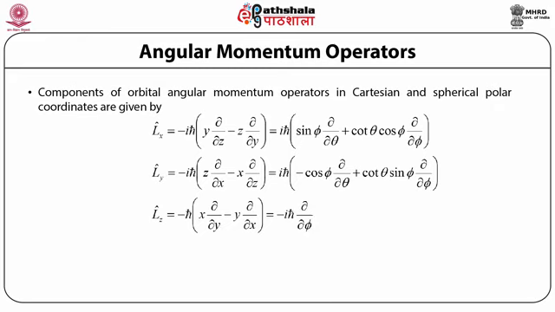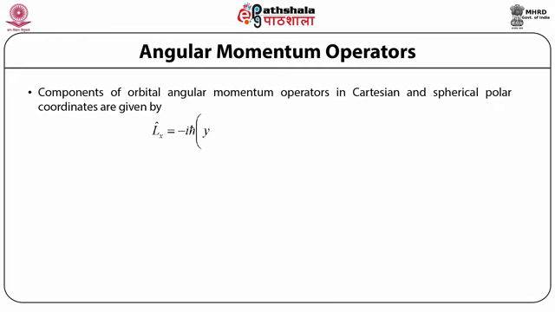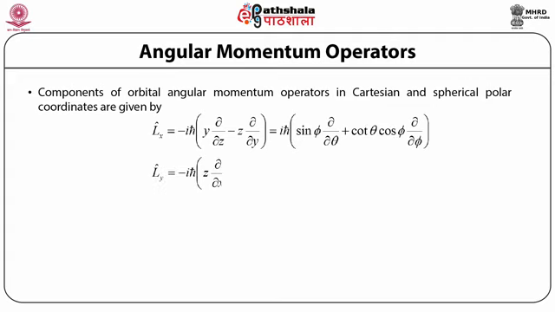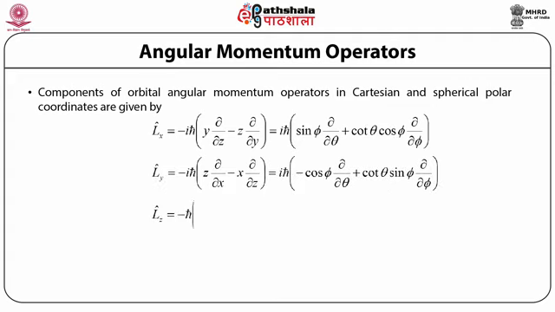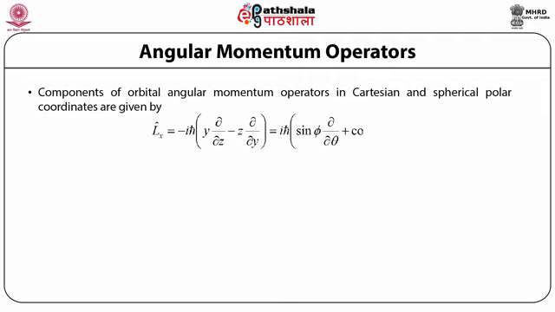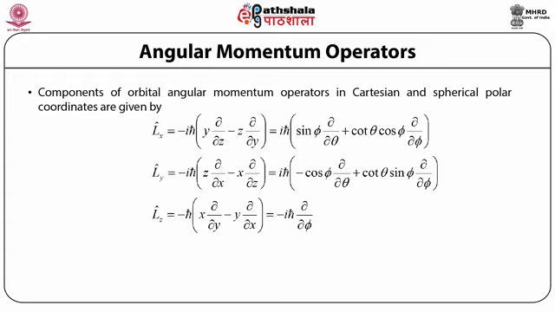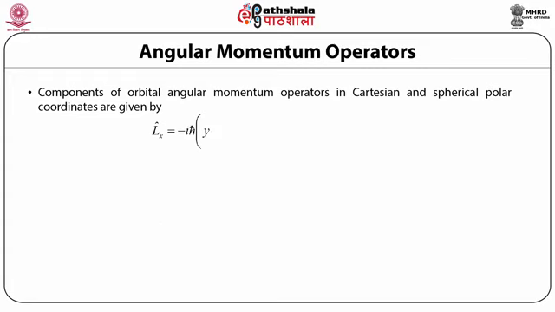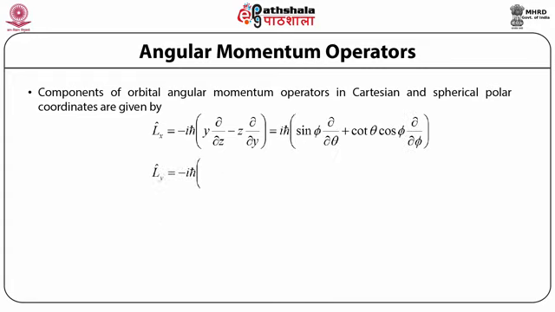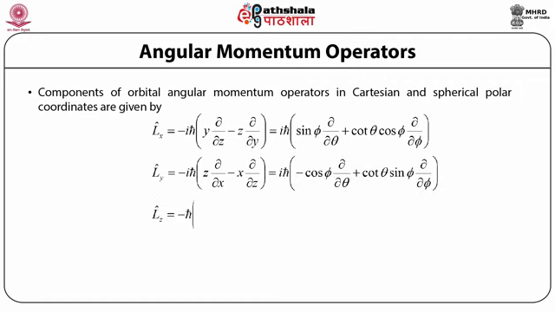And the x component of the orbital angular momentum operator in spherical polar coordinates is represented as operator Lx is equal to i h cross times within brackets sine phi partial differentiation with respect to theta plus cot theta cos phi times partial differentiation with respect to phi.